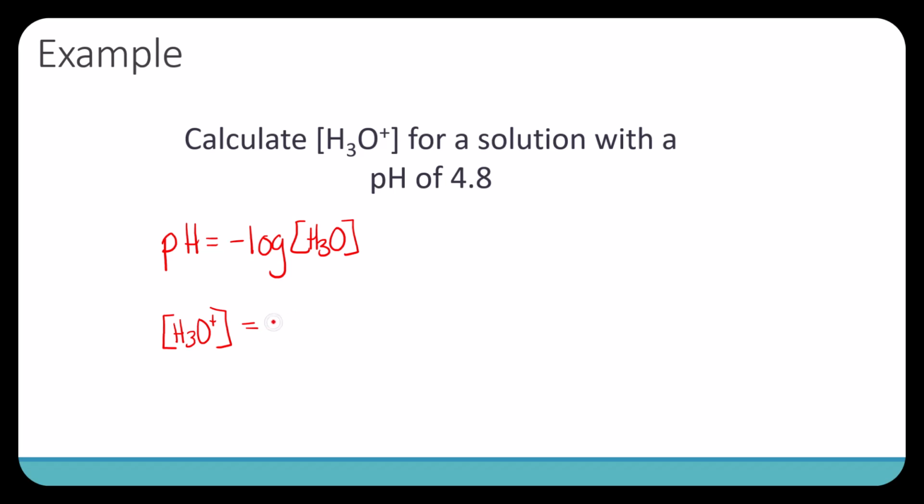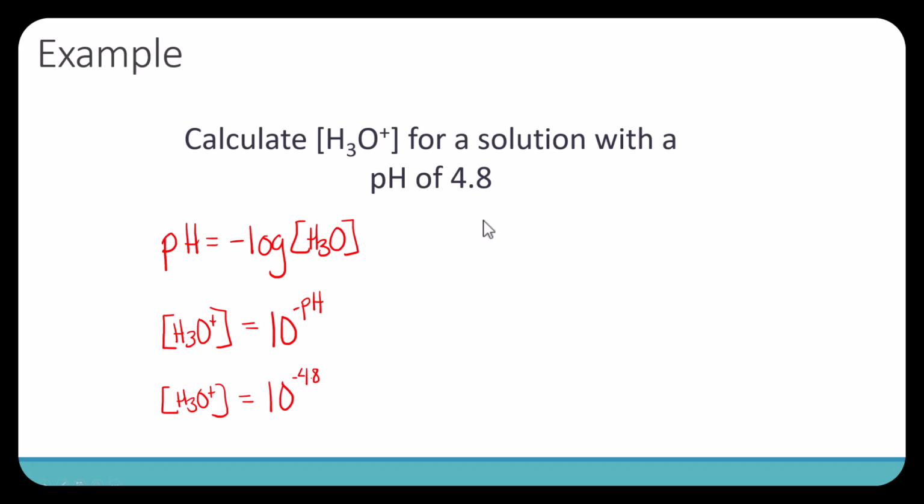So the hydronium concentration is going to be 10 to the, so this is an exponent, negative pH. So these two are inverses of one another. So to solve for hydronium concentration, we would take 10 to the negative 4.8.